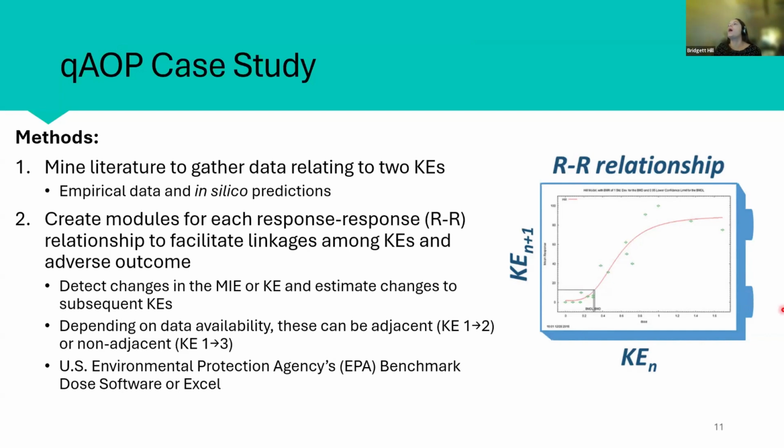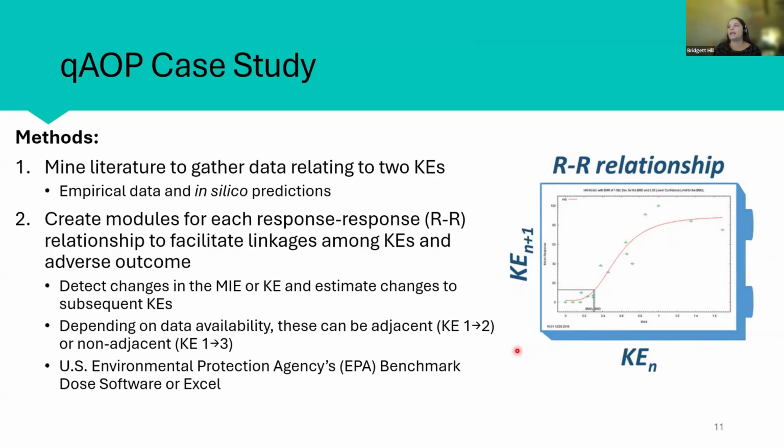And so their general approach for these response relationships is shown in this diagram on the right, where they found an endpoint related to a key event and plotted it against the endpoint for another key event, and modeled it so then they could use these relationships to make predictions.